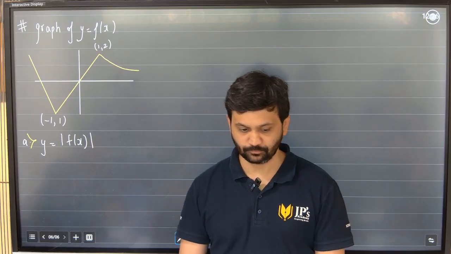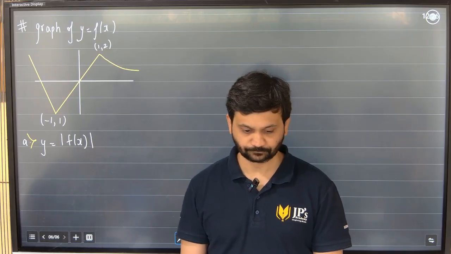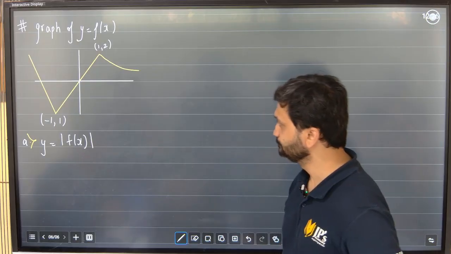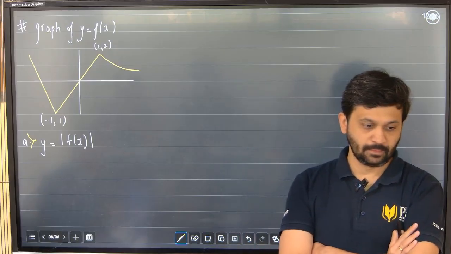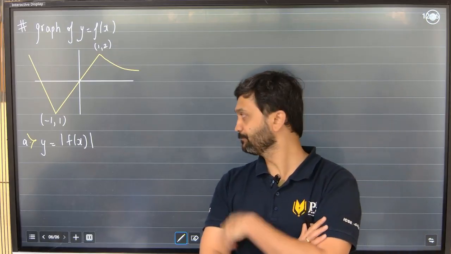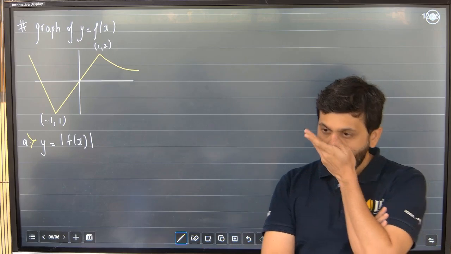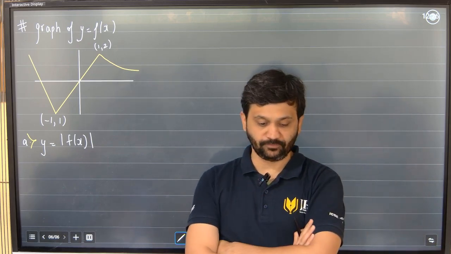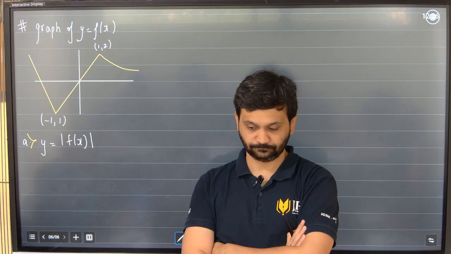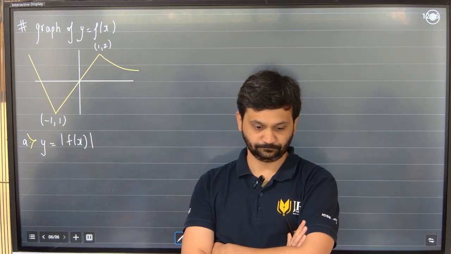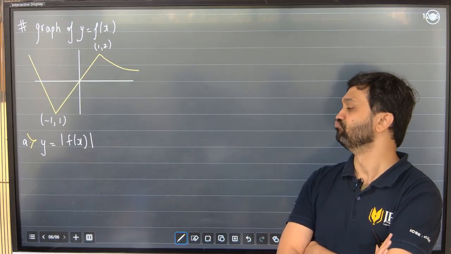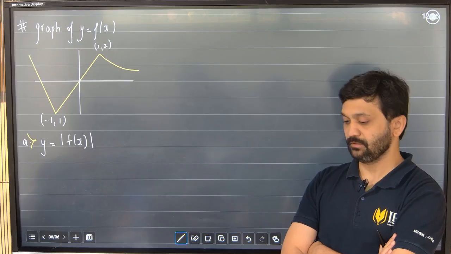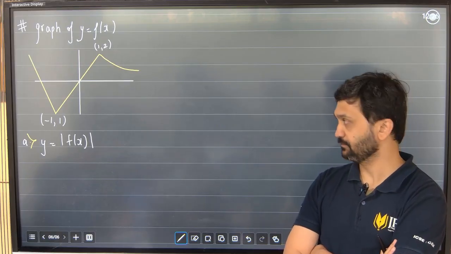Can you guys draw and show me? Come on, everyone will try. How will you draw the graph of y is equal to mod of f of x?